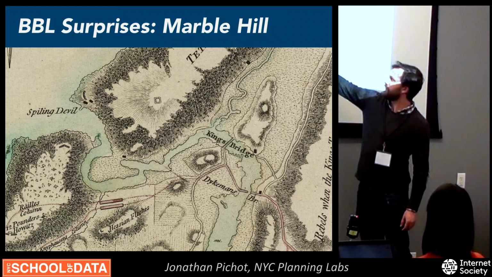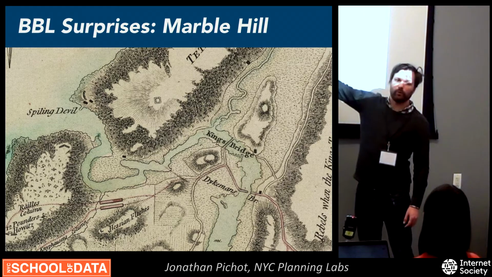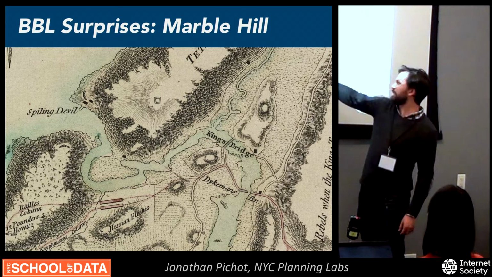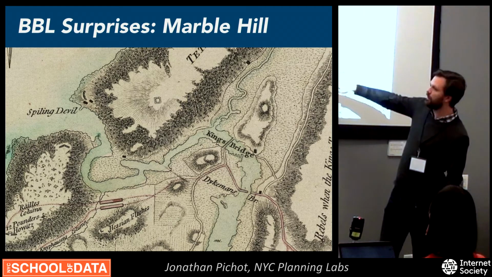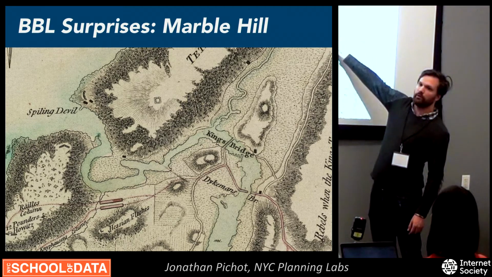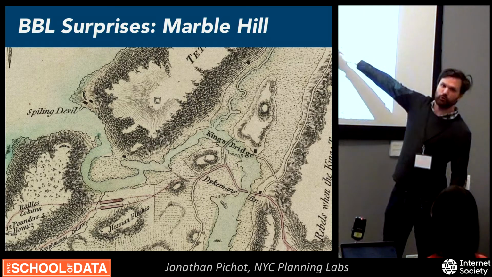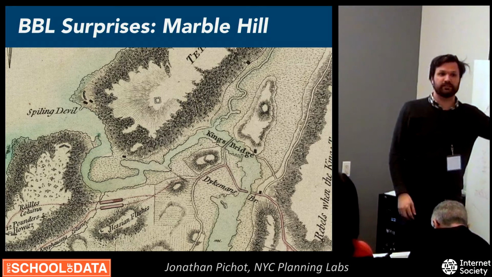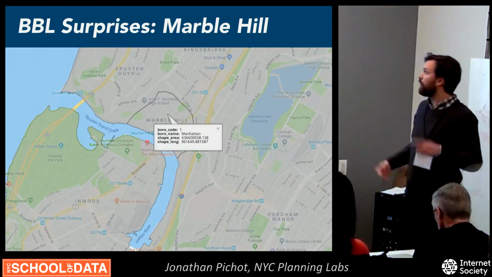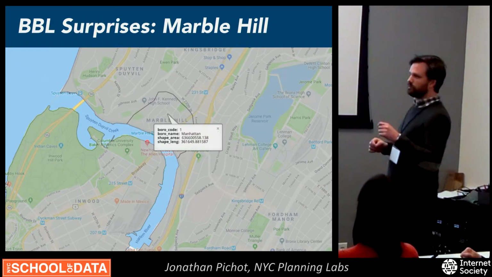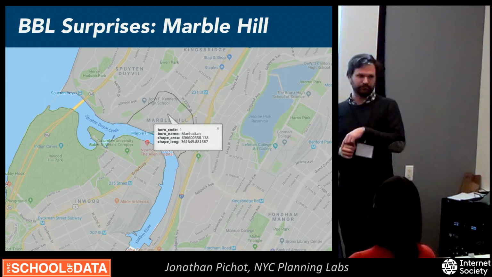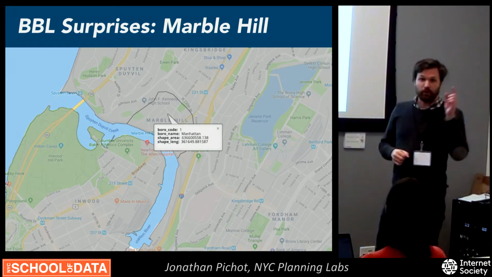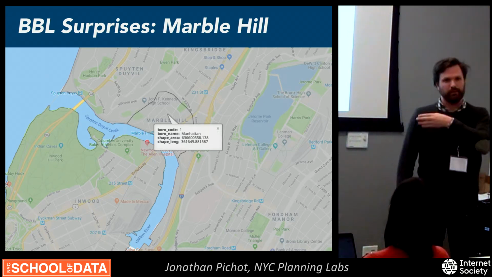And at one point, they actually dredged the river to cut off this section of Manhattan so that boats could come through, and eventually filled in the river to the north of it. But remember, going back, the BBL is an older 19th century identifier. Marble Hill, in the BBL, the borough code, is actually part of Manhattan. It has a borough, so it's going to have the one in the front of the BBL.